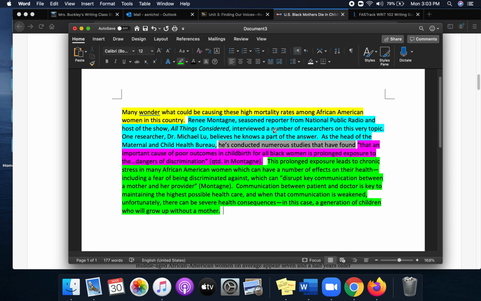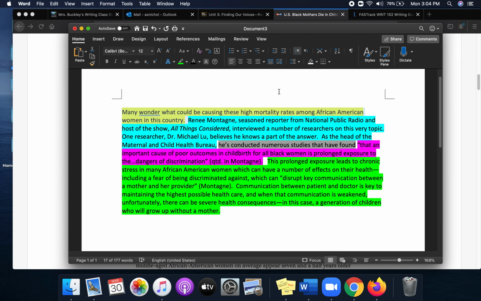What I did is I wrote up a mock paragraph for a causal argument essay, and I have highlighted these different points. In the paragraph, what you see in yellow is the topic sentence for this part of the essay.